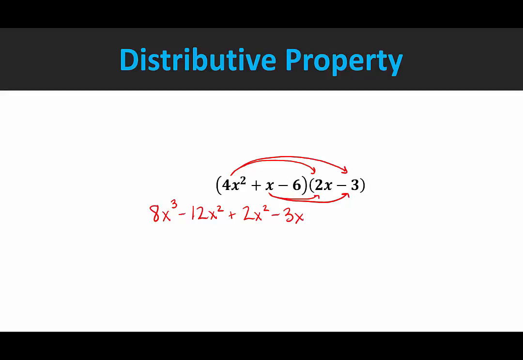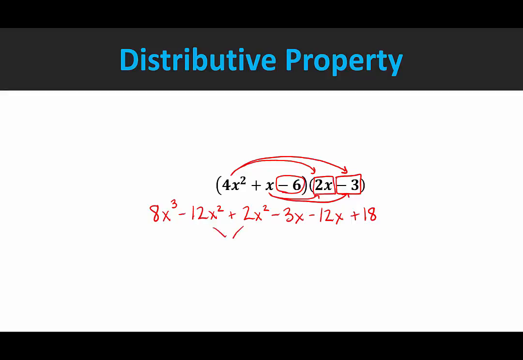And then I have negative 6 times 2x, negative 12x, and negative 6 times negative 3 is plus 18. Combine your like terms.